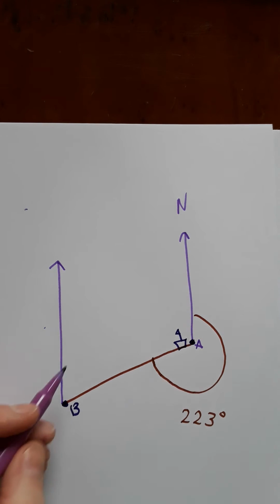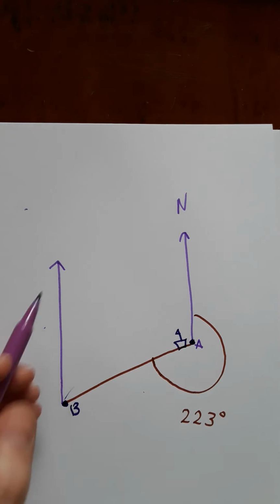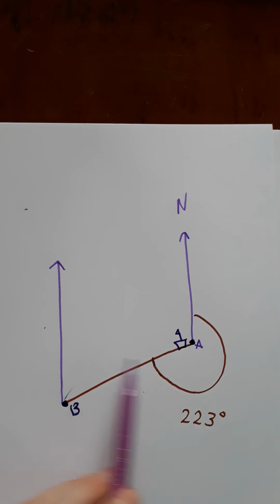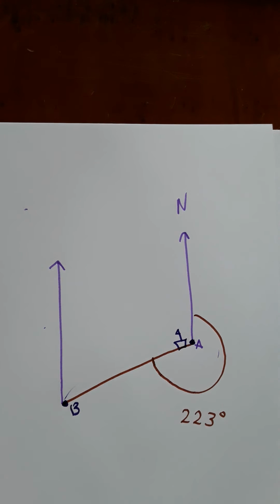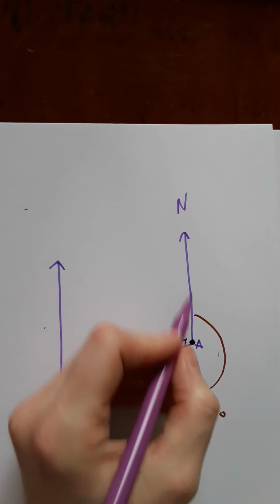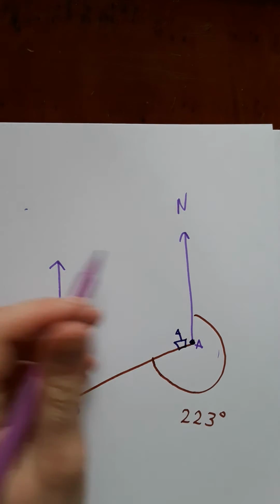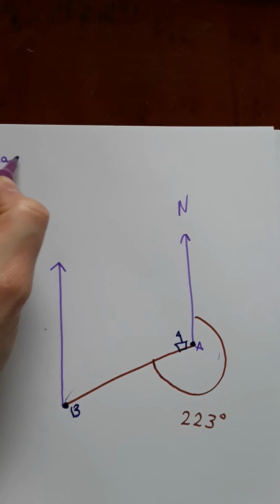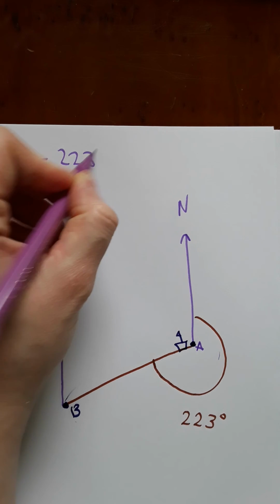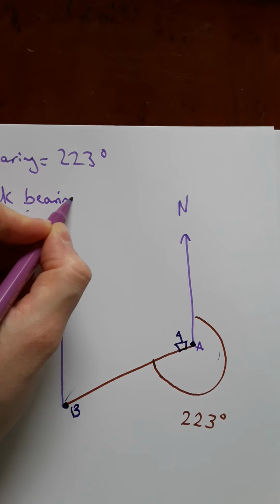Just to give myself an idea of what the bearing is, I need to calculate the back bearing as well. At the moment my bearing is 223 degrees, and they're asking me for my back bearing, so my return bearing.